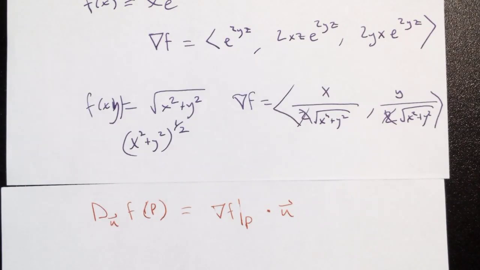That is a much shorter formula to remember than having to figure out each piece, but it contains all the same information. Take the x derivative, take the y derivative, take how much you go in each direction. Well, that's the dot product.